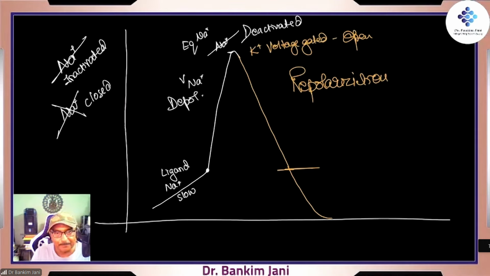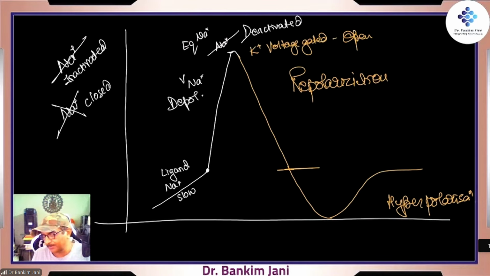From here, the fall which goes below is called hyperpolarization. So when it falls even below the resting membrane potential, then it lifts and goes back to the RMP level. That is what really happens.